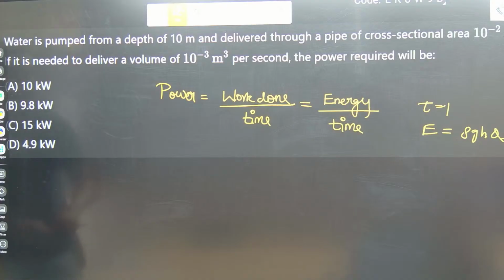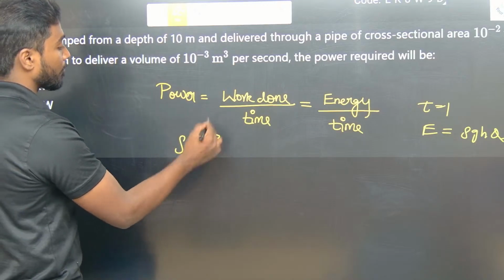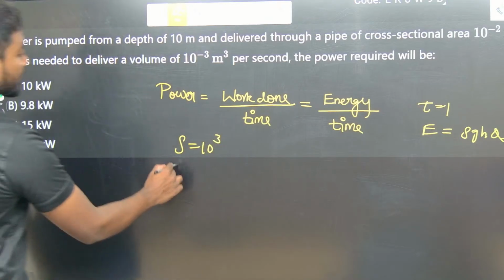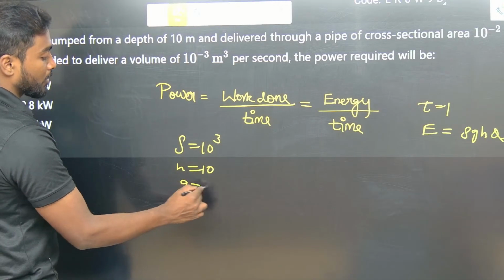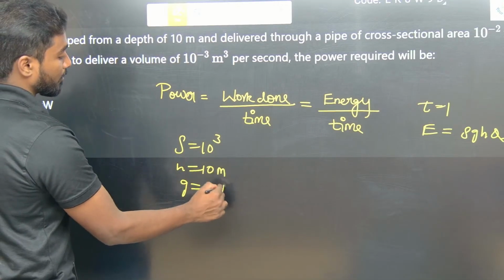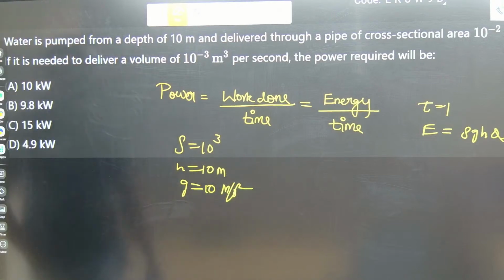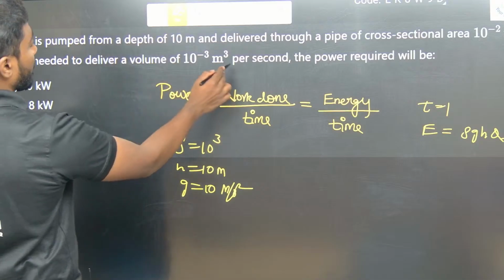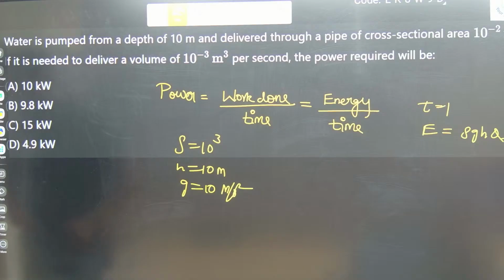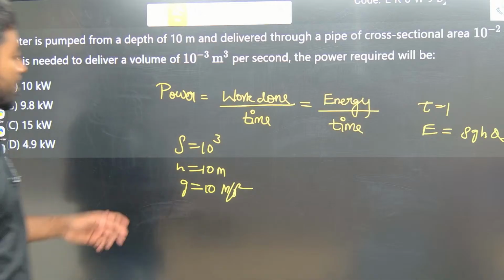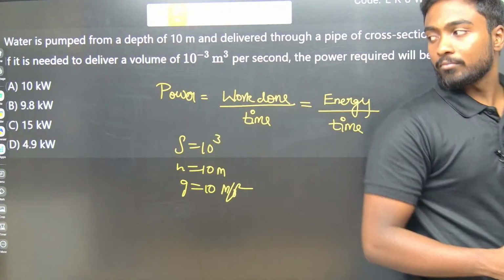The density of water, rho, is equal to 10 power 3, height h is equal to 10 meter, g is equal to 10 meter per second square. And what about Q? Q is nothing but the delivered volume, 10 power minus 3, the flow rate, cross sectional area, volume, density. You can find it easily.